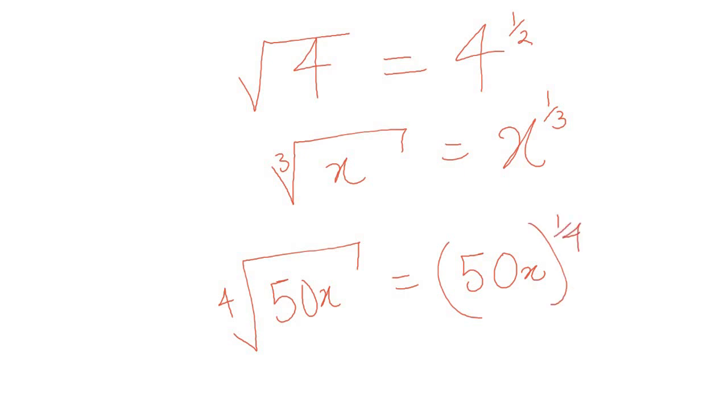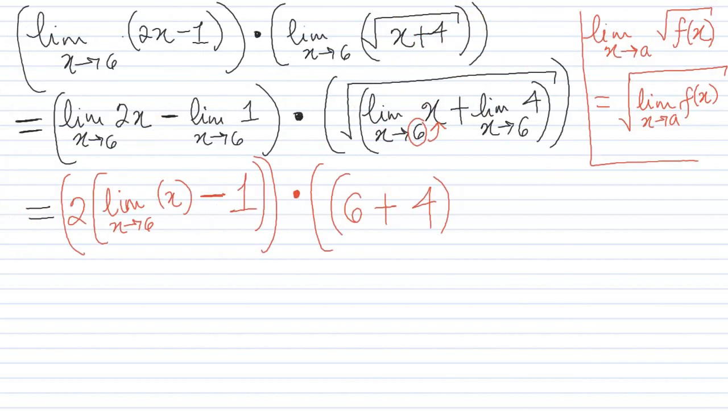We're going to use that same understanding here. So instead of doing the square root of 6 plus 4, we're going to do 6 plus 4 raised to the power of 1/2. That's it. It's slowly coming together.